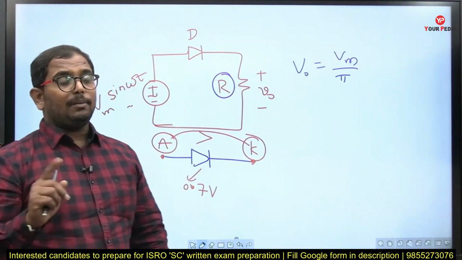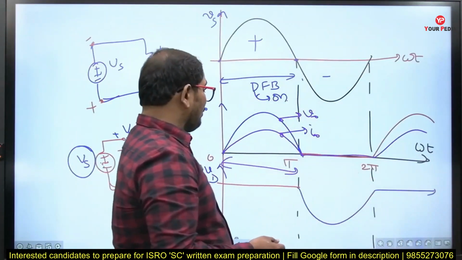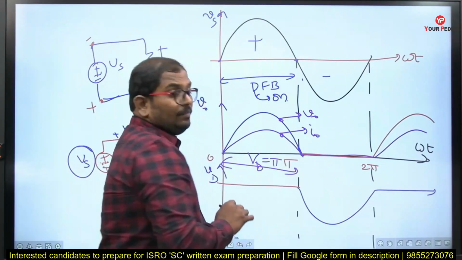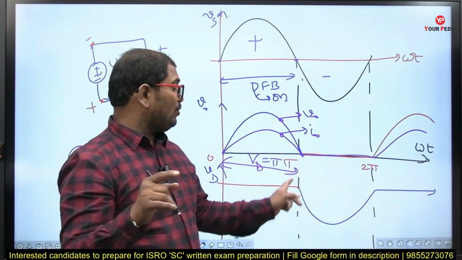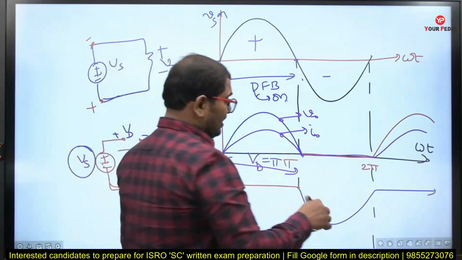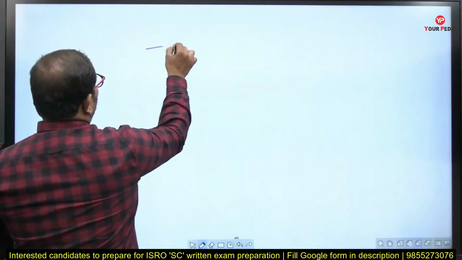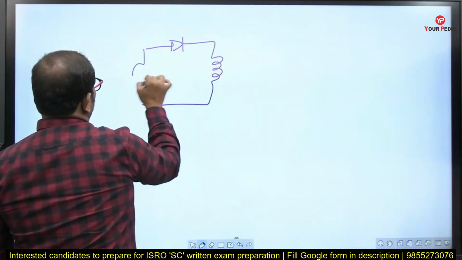If it is a resistive load, the conduction angle will be pi. If it is an inductive load, the conduction angle will be more than pi. We will see that now using another circuit, a half wave diode rectifier circuit with a pure inductive load.